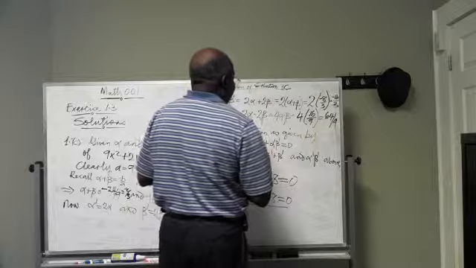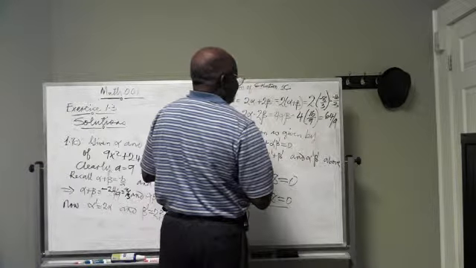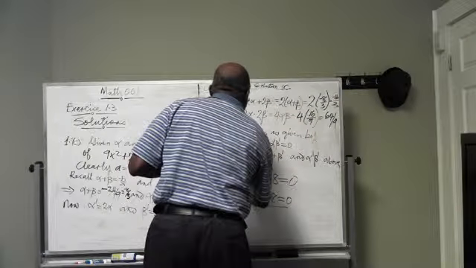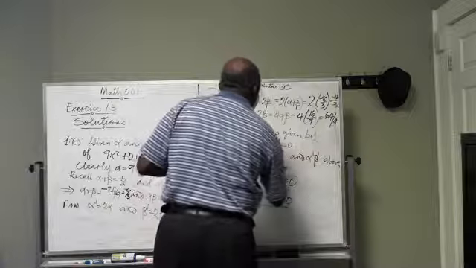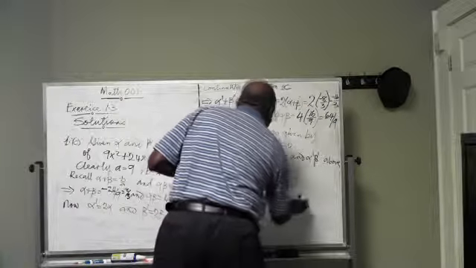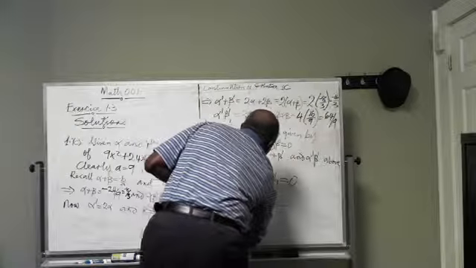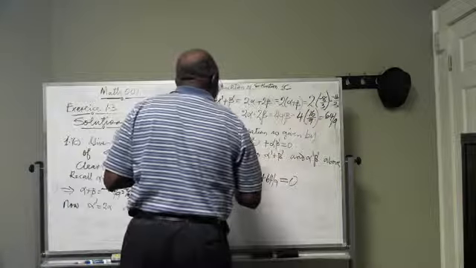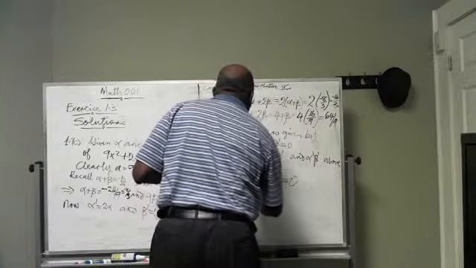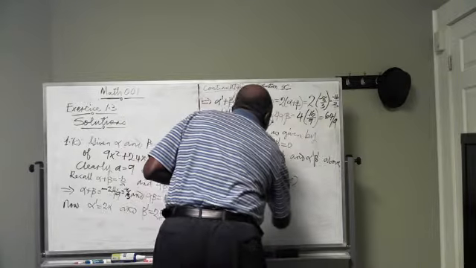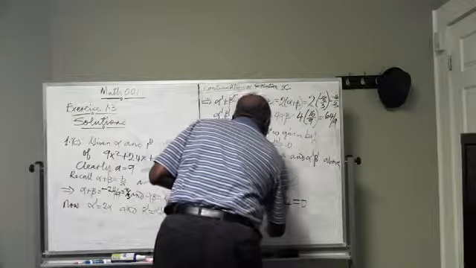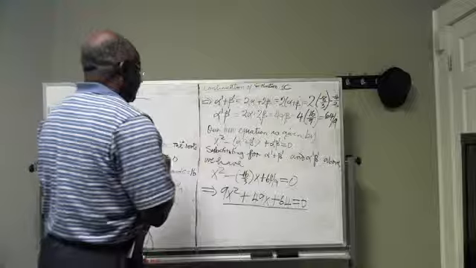So if we substitute for alpha prime plus beta prime and alpha prime beta prime above, we have x squared minus into minus 16 over 3 plus 64 over 9, which upon further simplification gives us 9x squared plus 48x plus 64 equals 0, and this is our new equation.